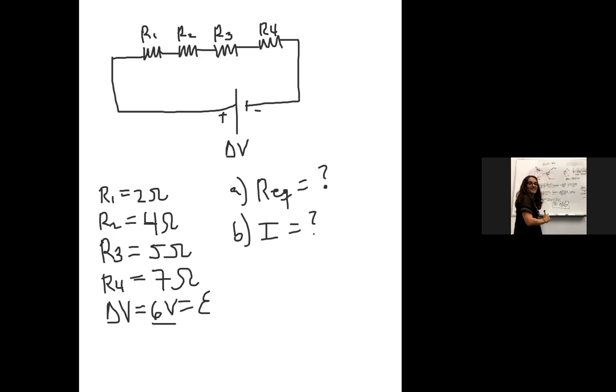So to find the equivalent, the first thing I need to realize is that everything is in series. So the equivalent is I just add them all together. Simple enough. R1 plus R2 plus R3 plus R4.